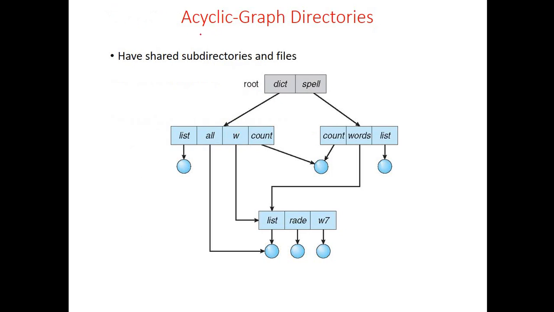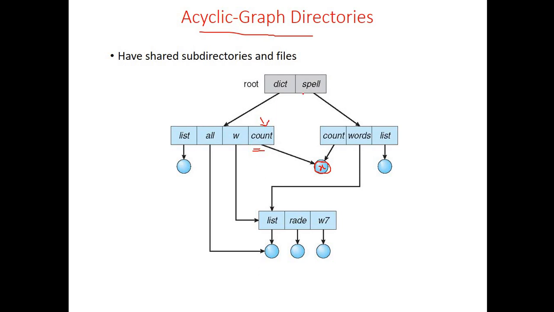Another type of directories are acyclic directories. Acyclic graph directories allow a file to be shared by multiple directories. So let us examine. Here X is a file. It is a part of two subdirectories.